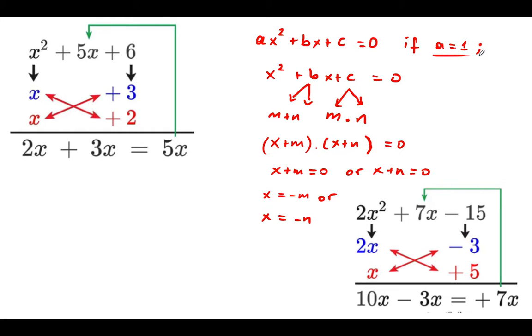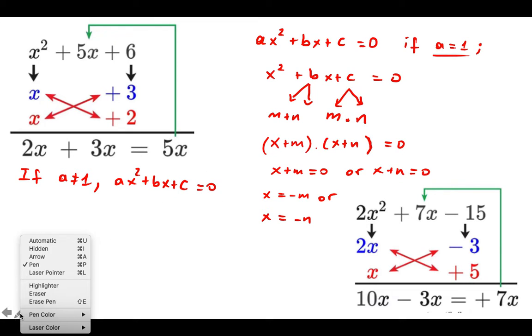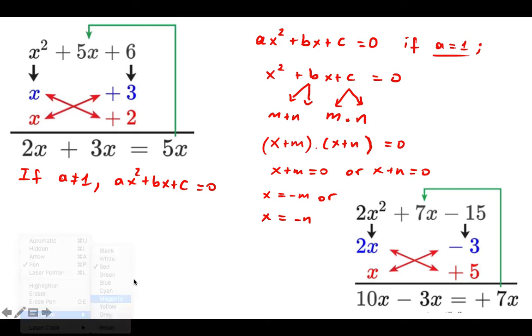Now, if a is different than 1, so when we have ax squared plus bx plus c equals 0, the rule is a little bit changed. We find two numbers m and n whose product must be c.